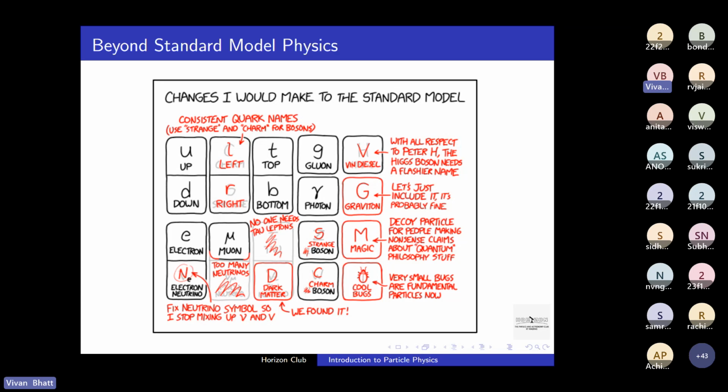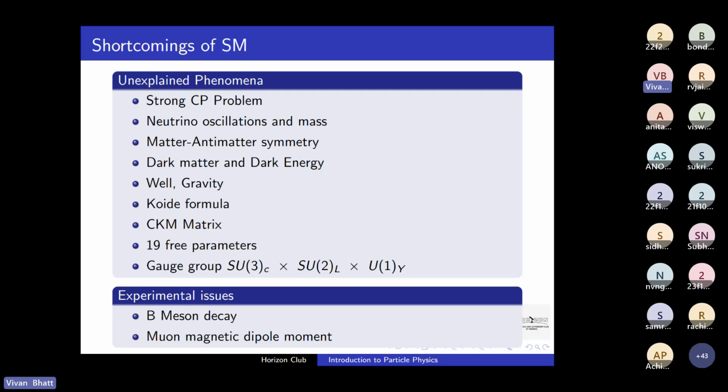So just imagine, where else in physics are you worried by the fact that the 13th decimal place is not matching with what you calculated it to be? That is how strong the standard model is at predicting everything. But still, there are a lot of other problems with it. Most of these are theoretical. There are very few experimental issues.